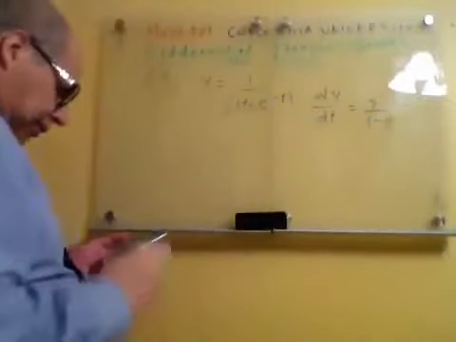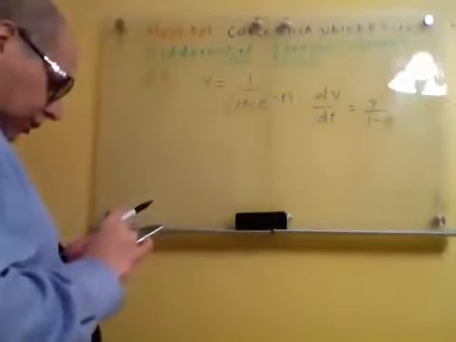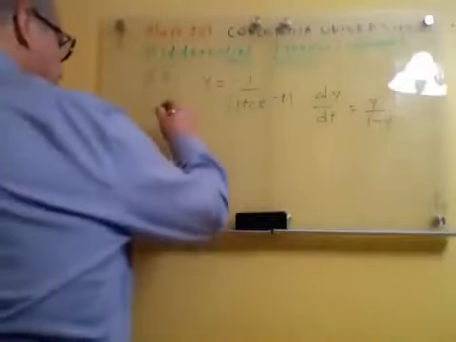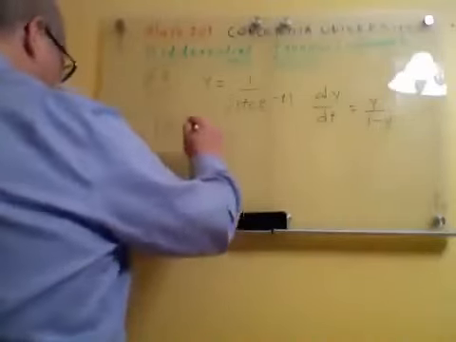For any real number, find a particular solution that passes through 0 point minus 1.